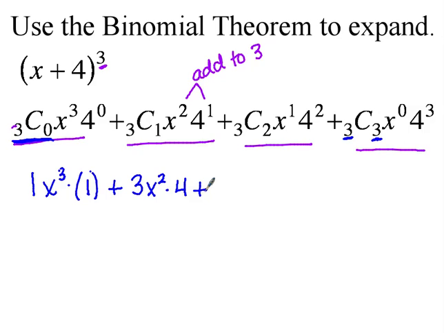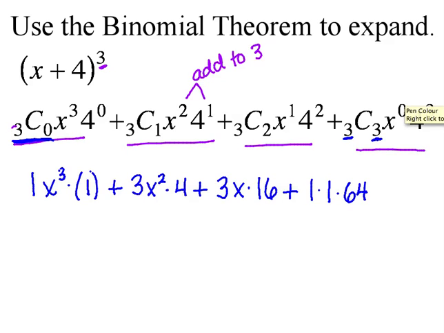What's 3 choose 2? 3. x times, what's 4 squared? 16. What's 3 choose 3? 1. x to the 0. 1. And then 4 cubed. 64. Good.